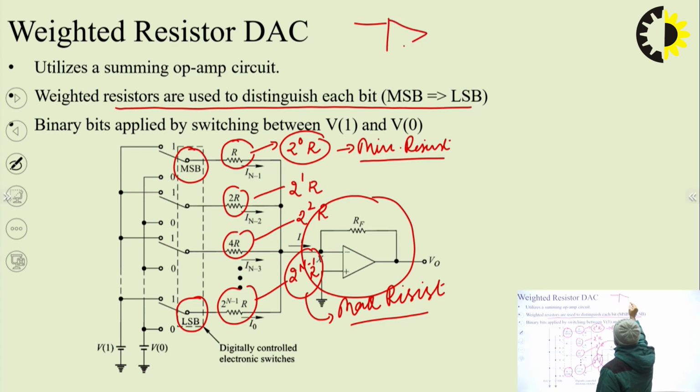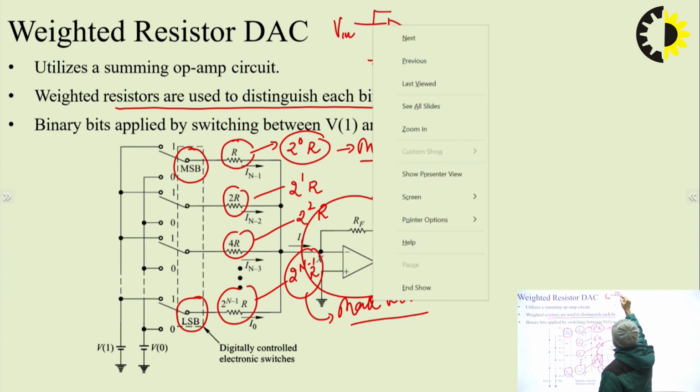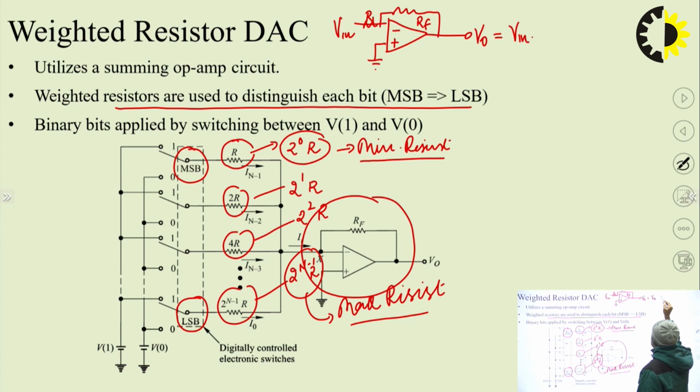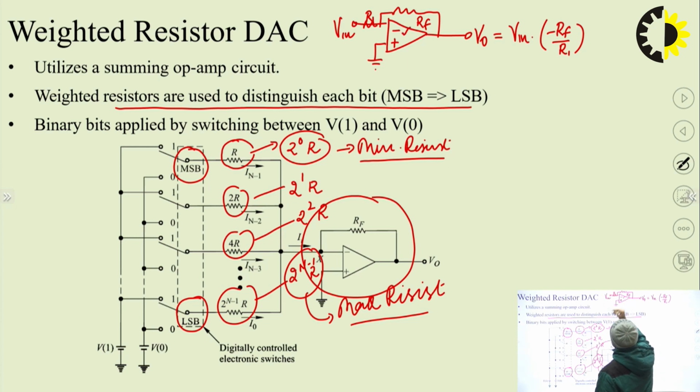In the inverting configuration, this is my input resistance R1 and this is the feedback resistance RF, and this is my output V0. In that case output V0 is equal to Vin into minus RF upon R1. Why is there a minus sign? Because we are applying the input on the inverting terminal and the positive terminal is grounded.